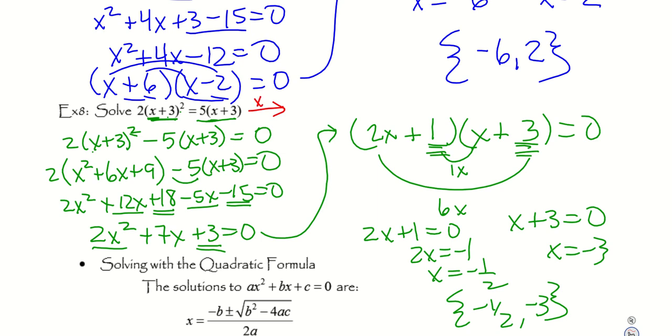So plugging in x equals negative 1/2. 5/2 squared is 2 times 25/4. Right? 5/2 times 5/2, which is 25/4, times 2 is 25/2. On the other side, I have 5 times negative 1/2 plus 3, which is 5 times 5/2, which is also 25/2. Right? So both of those equations work.